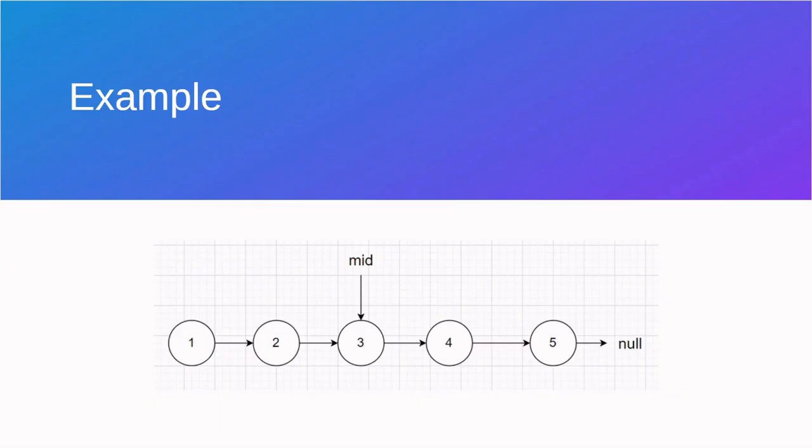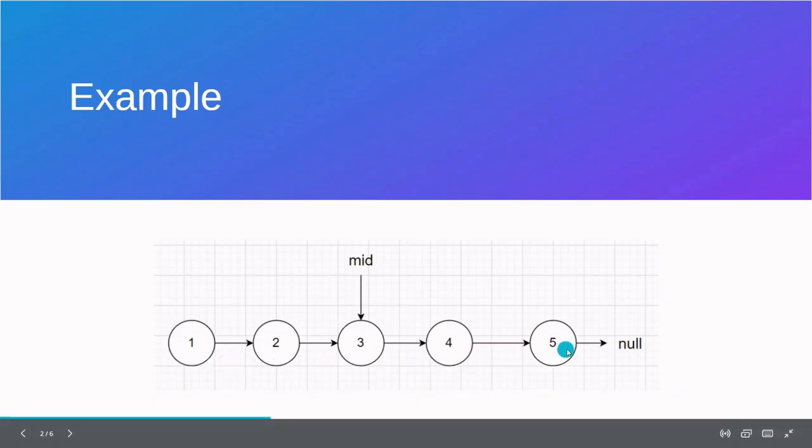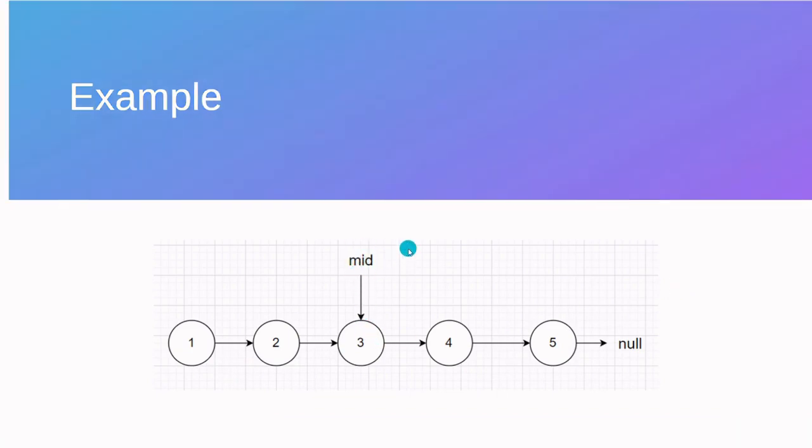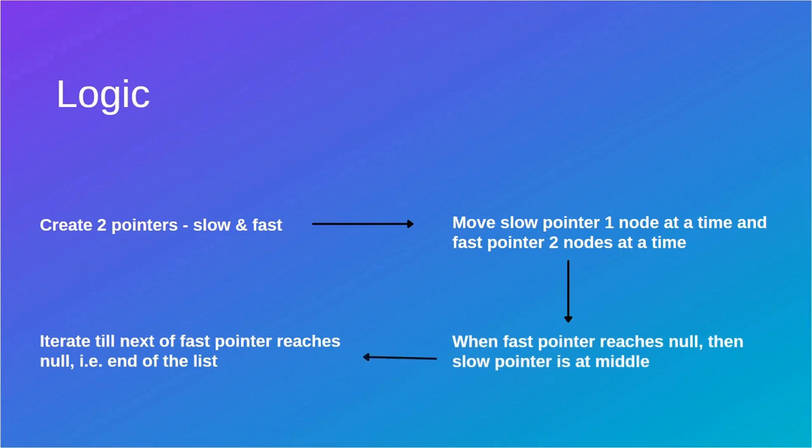So this is the example. We have 1 2 3 4 5, and we have to find out the mid. So how should we do it? The logic is that we will create 2 pointers. One will be slow, one will be fast, because slow is going to move 1 node at a time, and fast pointer is going to move two nodes at a time, and we are going to iterate till fast pointer reaches null.